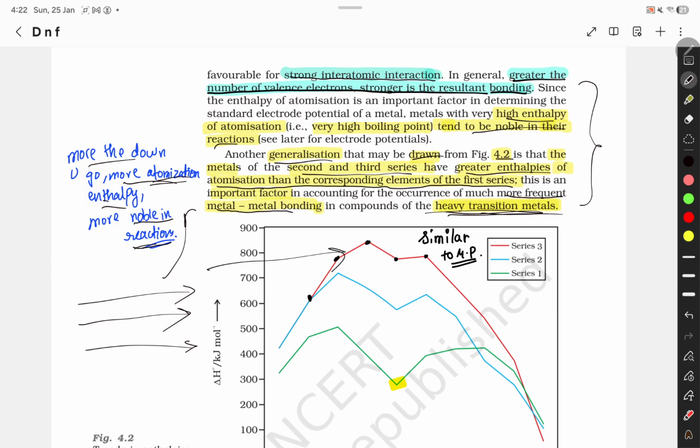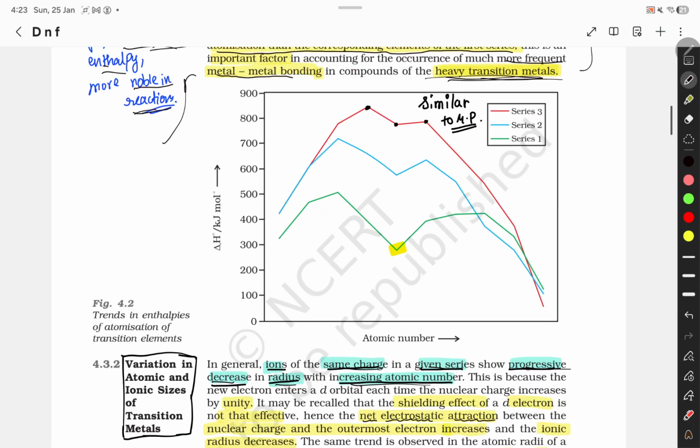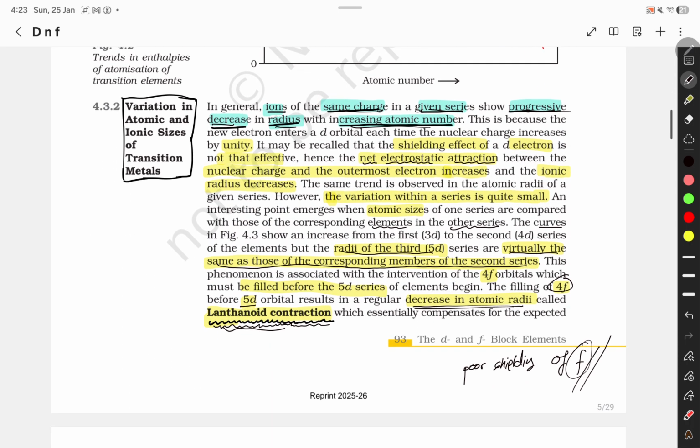As you go more right, they become less reactive, more noble in their reactions. If you notice the graph, it's very similar to the melting point. In the first 3 you have a peak, then it goes down again. So this is scandium, titanium, vanadium, chromium, manganese, like that.